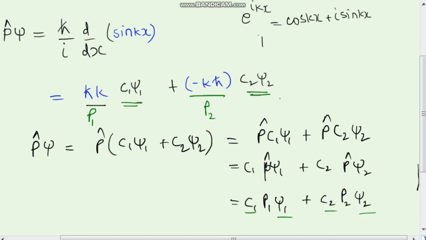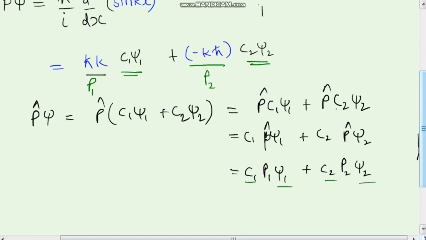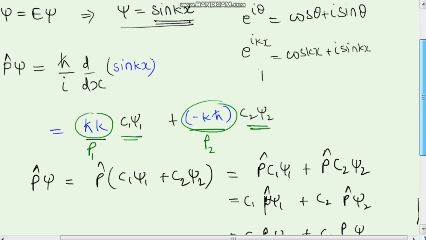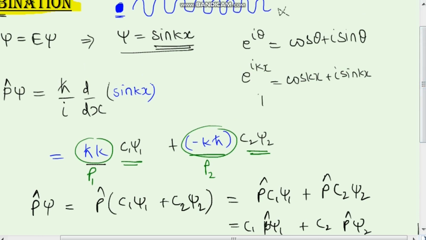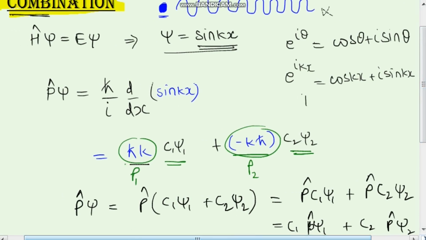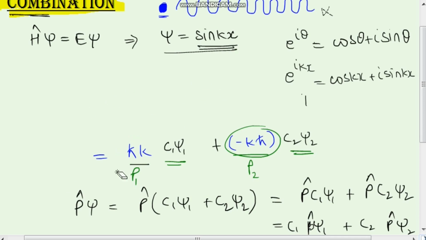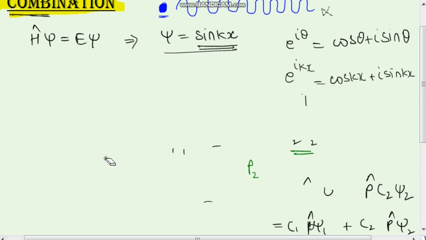So you get two values of momentum and both are real. One is h cross k and one is minus h cross k. So we say that for energy E, you have two values of momentum, one positive and the other negative.